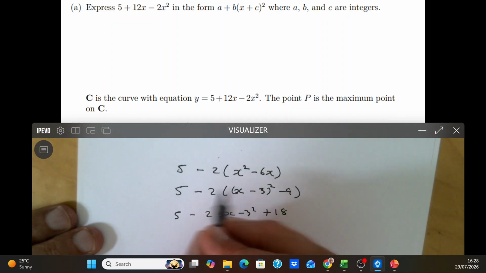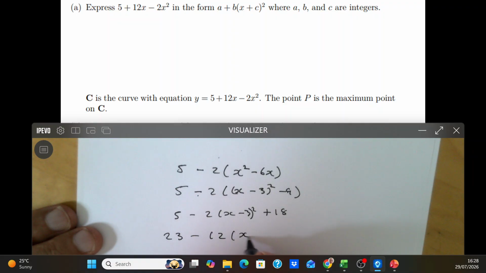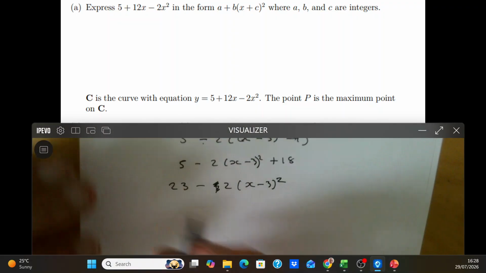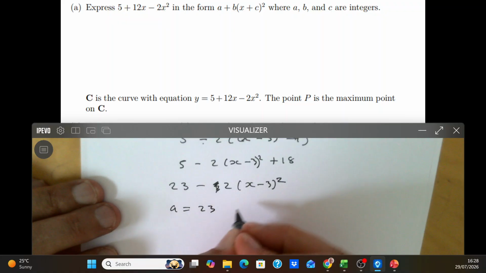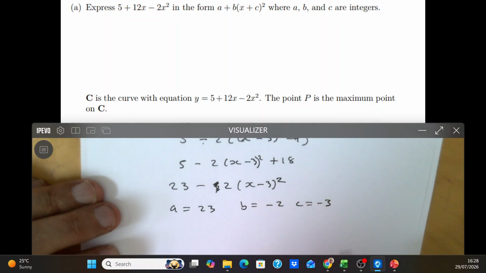No, it should be positive, because -2 times 9 gives me positive. Write that out as 23 minus 2x minus 3 squared. So A equals 23, B equals -2, and C equals -3.